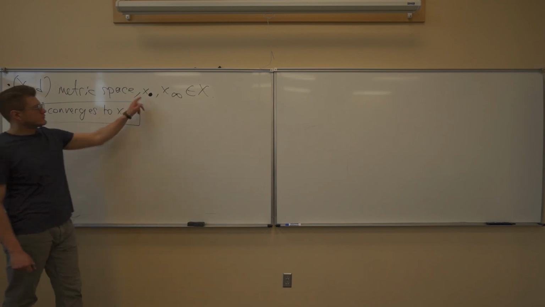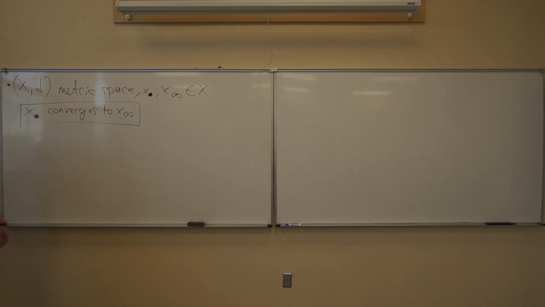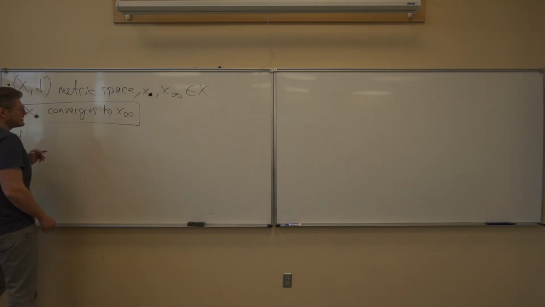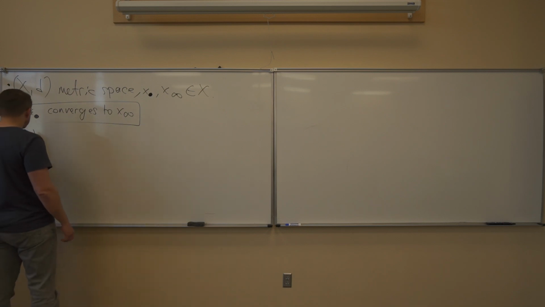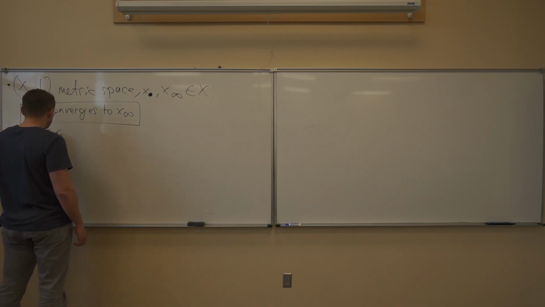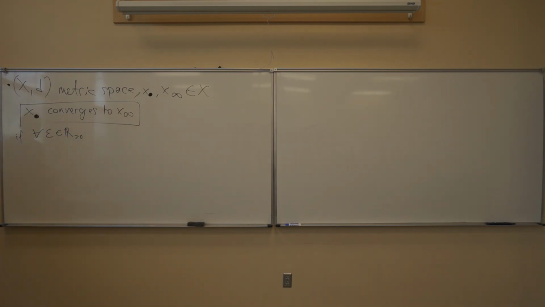I have a sequence, x bullet, and a target, x infinity. And I say that x bullet converges to x infinity if the following happens. I'm going to rewrite the same thing in a couple of different ways. For any epsilon positive, epsilon is my error margin.